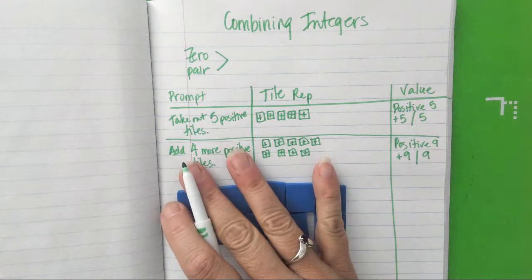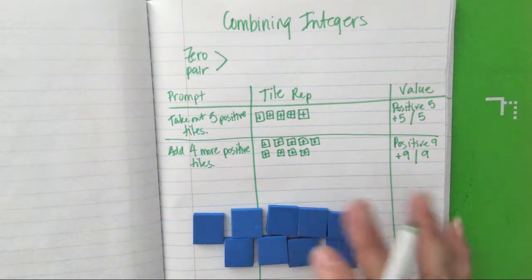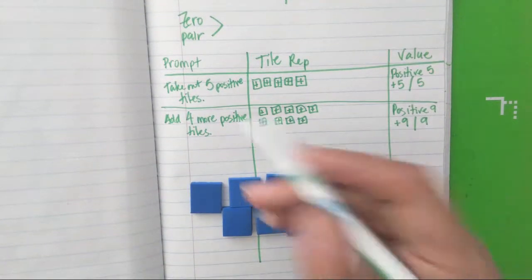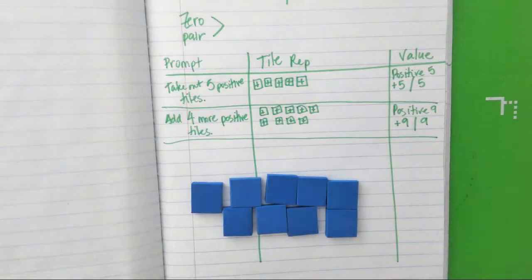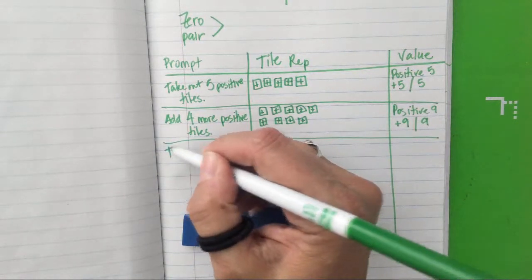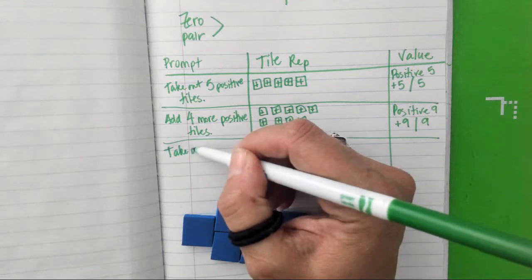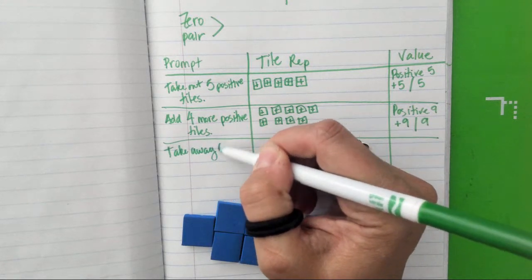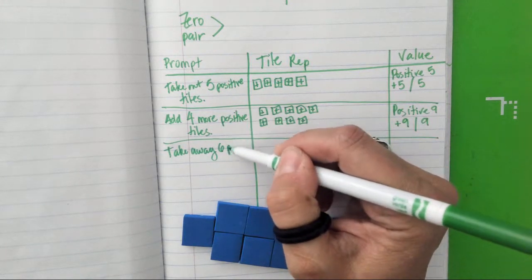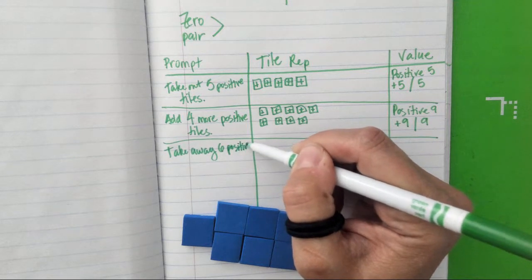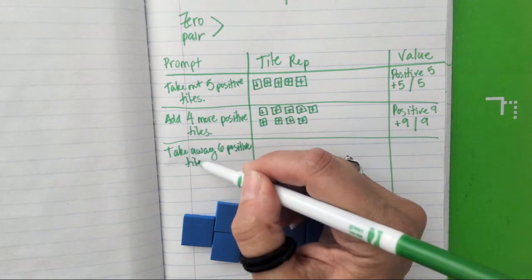Okay. You should still have your tiles sitting there. Next thing I want you to do is take away 6 positive tiles.